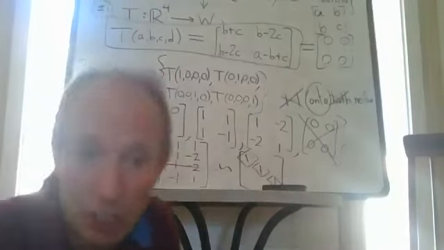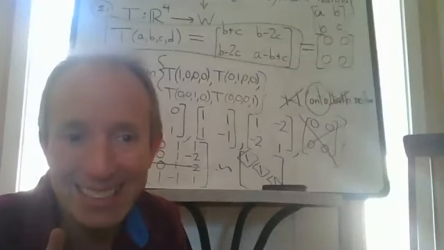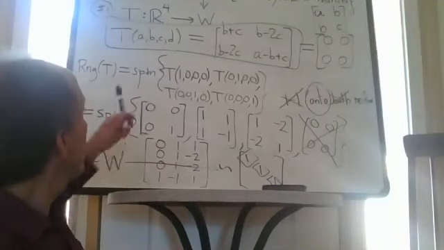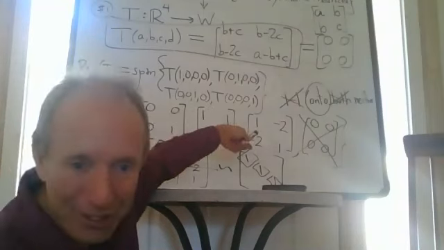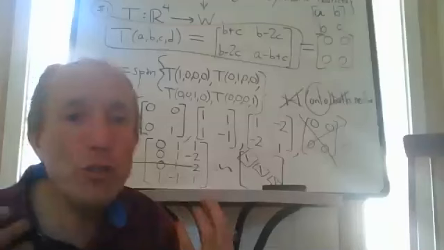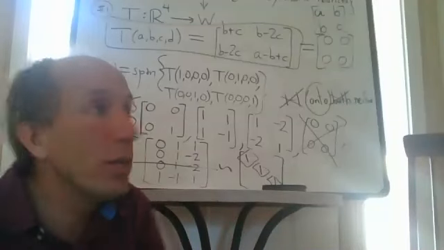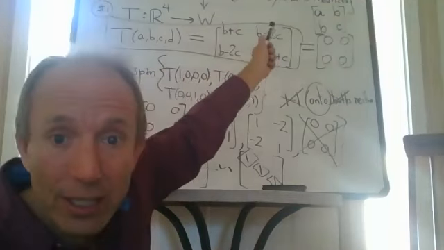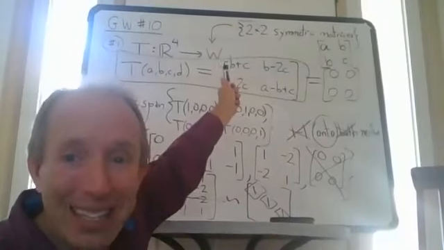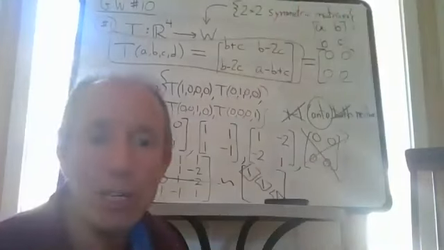So if you did the kernel, and you figured out that it was one-dimensional, right? Then you would already know that the range is three-dimensional because 1 plus 3 would add up to 4. As soon as you know that the range is three-dimensional, well, then you know that T is onto, because take a look at W. W is three-dimensional. So if your range was the full three dimensions, then you would know that T is onto.